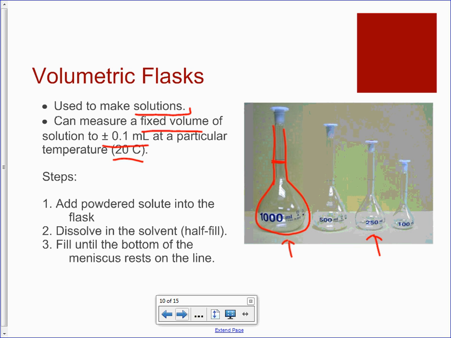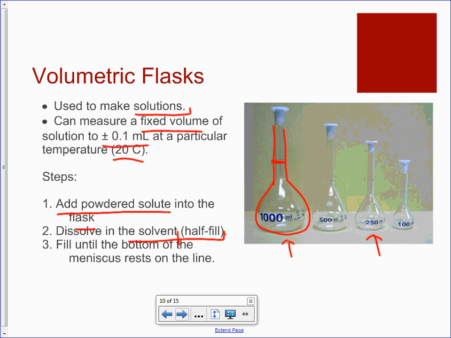So the steps involved in preparing a solution using a volumetric flask is that you add your powdered solute into the flask. You measure it out using a weigh scale or electronic balance. And once you have that, you add that into the flask. You dissolve your solute in the solvent, so half fill your volumetric.